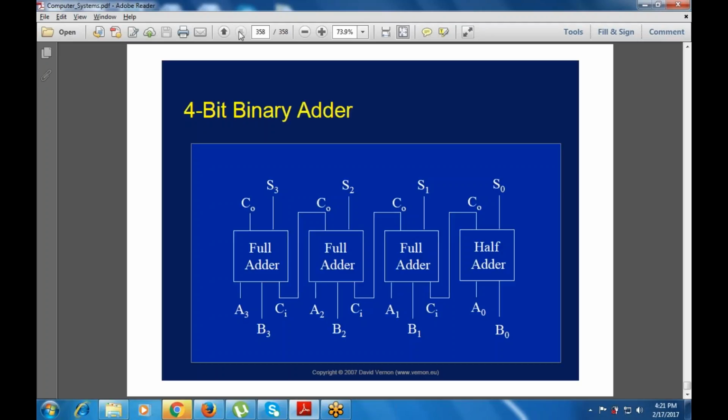Now next is a 4-bit binary adder. So there is a full adder, then full adder, then full adder, then half adder.